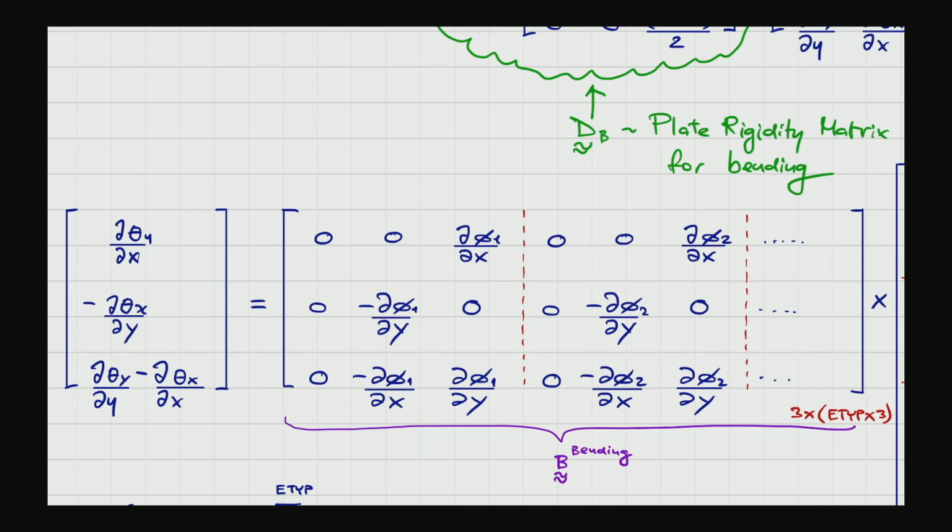So d phi dc times dc dx plus d phi d eta, this is the comma 2, so that means d phi d eta times d eta dx, right? Turns out to be dn dx, or the derivative of shape function with x.